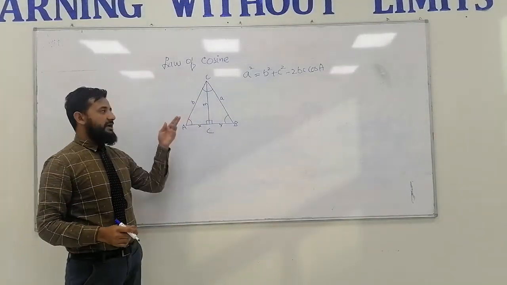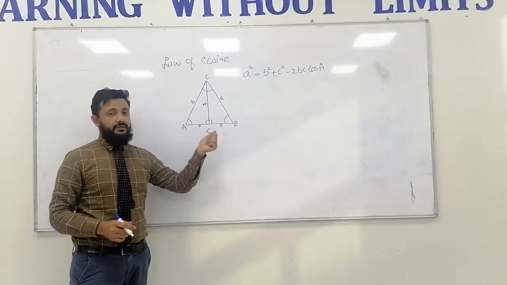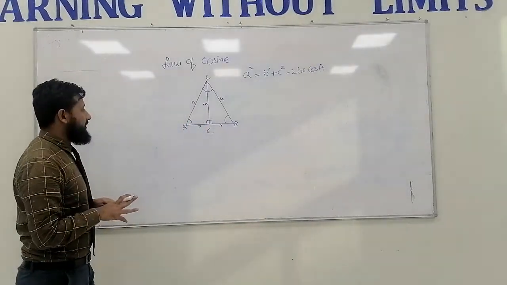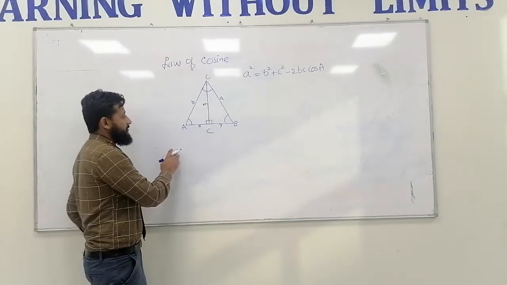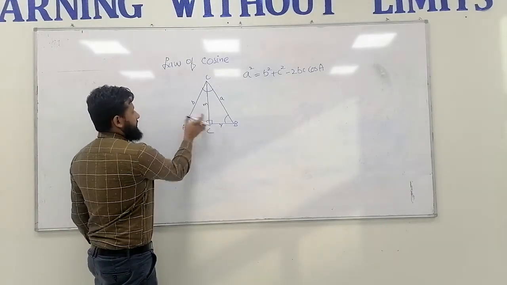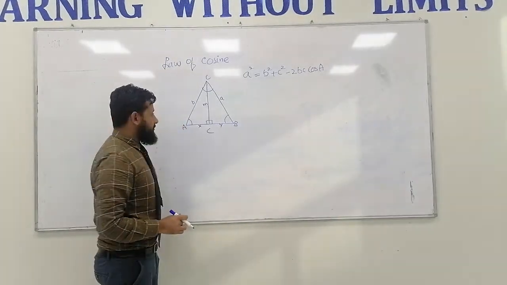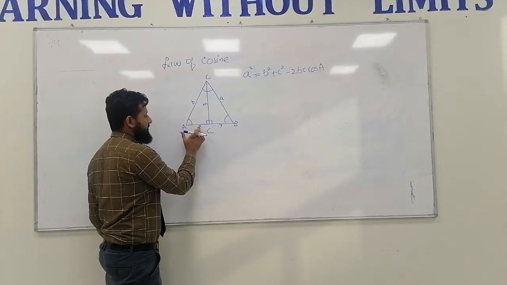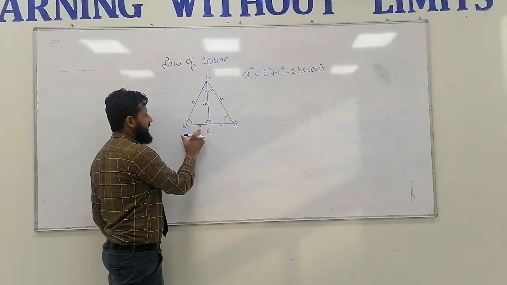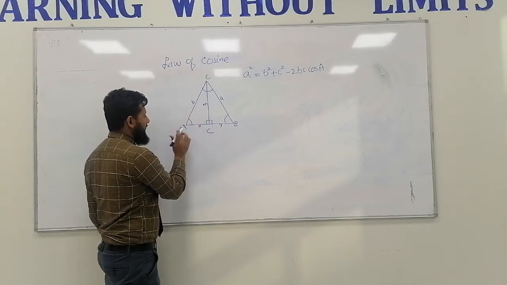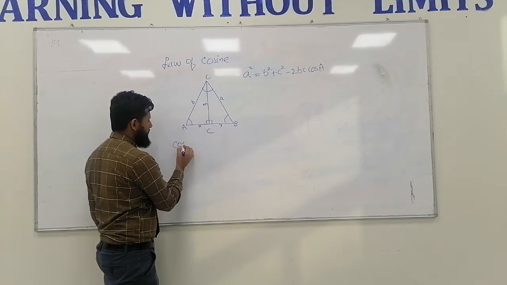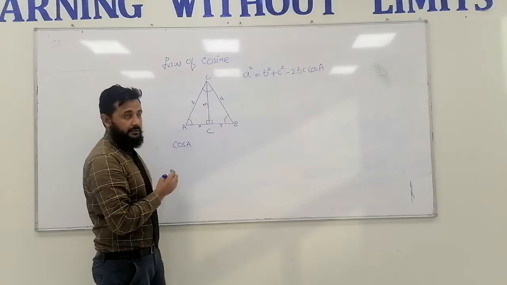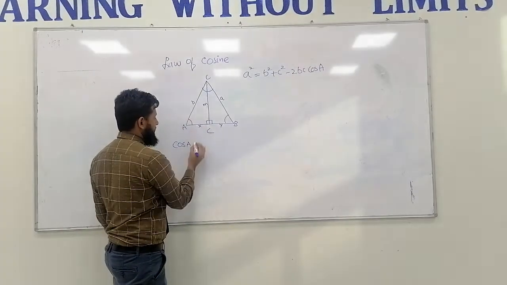Now, as we have two right angle triangles, we can easily use the trigonometric ratios. Let's consider this right angle triangle. If I want to write a relation between X and anything that I know, I can easily say cos of A is going to be X divided by b.